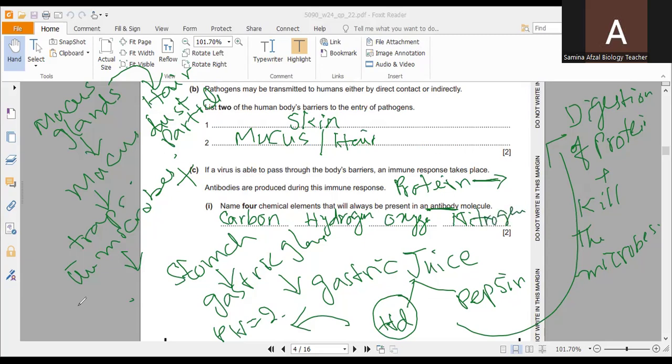So these are the major 4 elements which are present in proteins. Besides these, there can be sulfur and phosphorus, but these 4 elements are definitely part of the protein molecule.